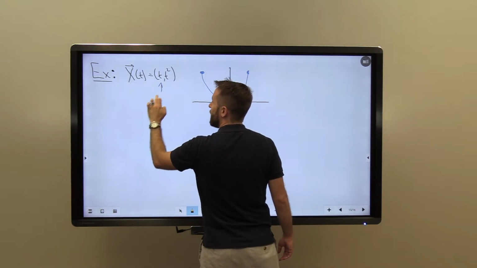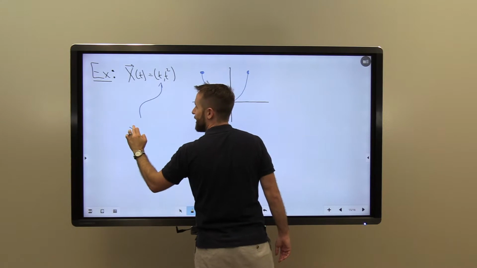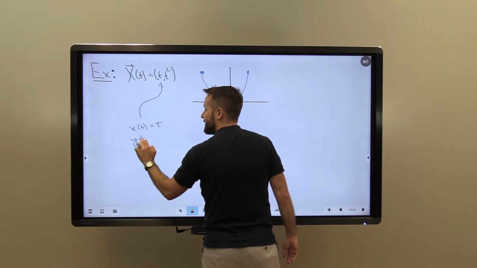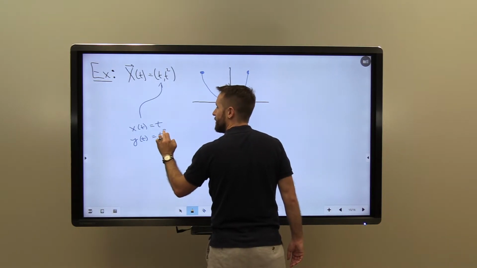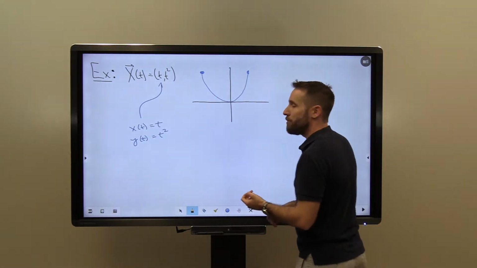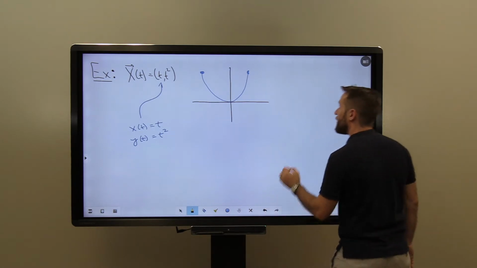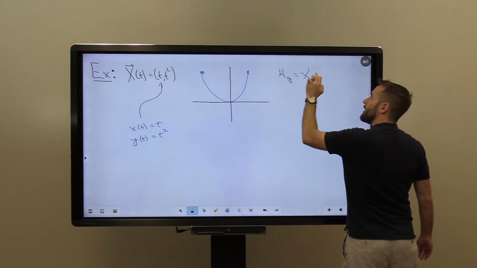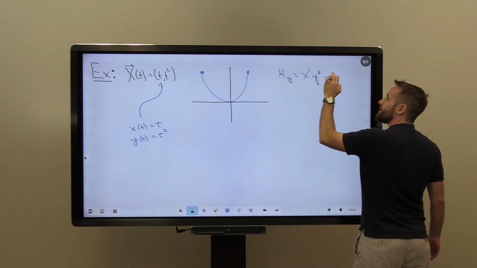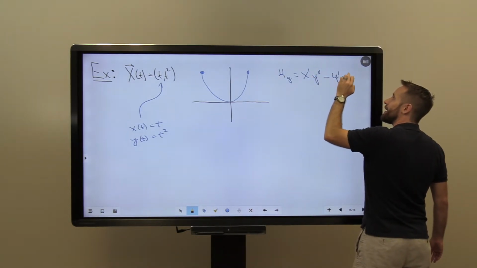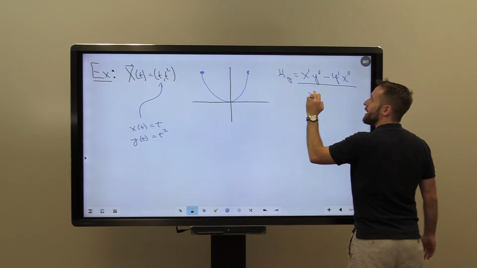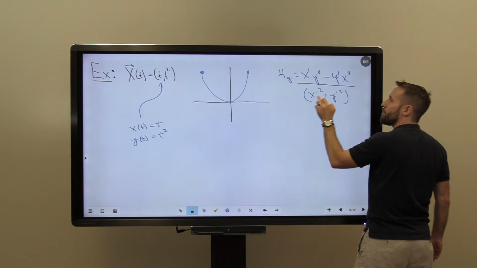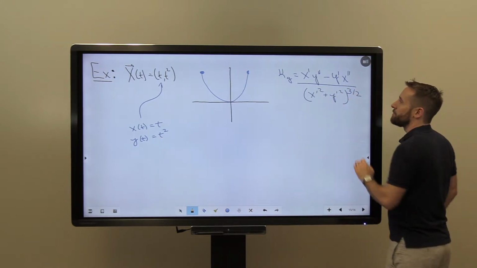So since this is our function, this means that our x of t is just equal to t, and our y of t is equal to t squared. When it comes time to compute our curvature function, remember, I'll write this up here: our curvature function was x prime y double prime minus y prime x double prime over x prime squared plus y prime squared to the 3/2.